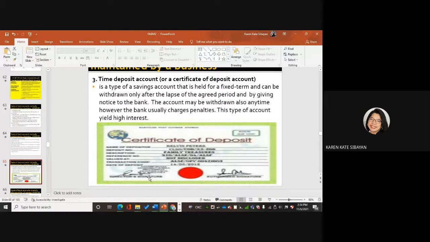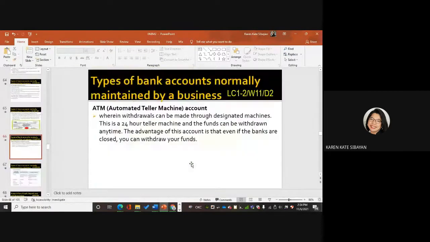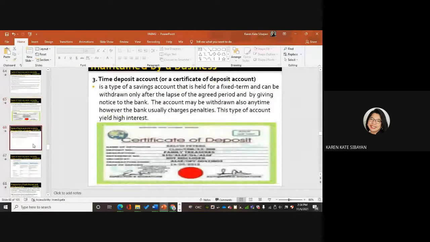So, automatic class na pwede mo na siyang withdrawin at mag-earn na siya ng interest. So, usually, mas higher po ang interest rate ng savings account under time deposit kaysa sa normal savings account. Okay? So, yan naman ang itsura ng time deposit account. Okay?